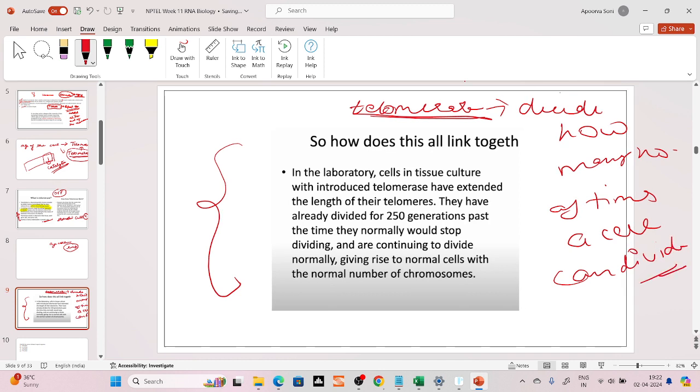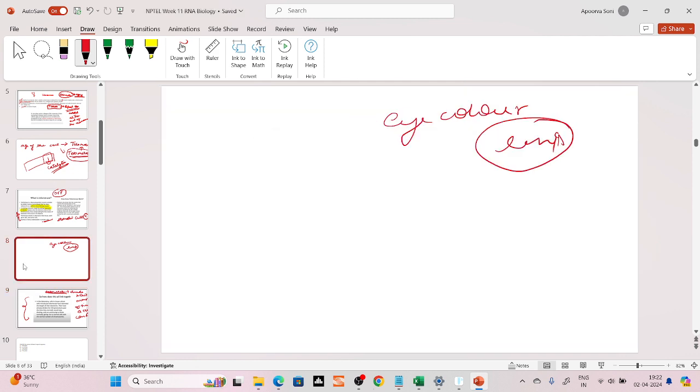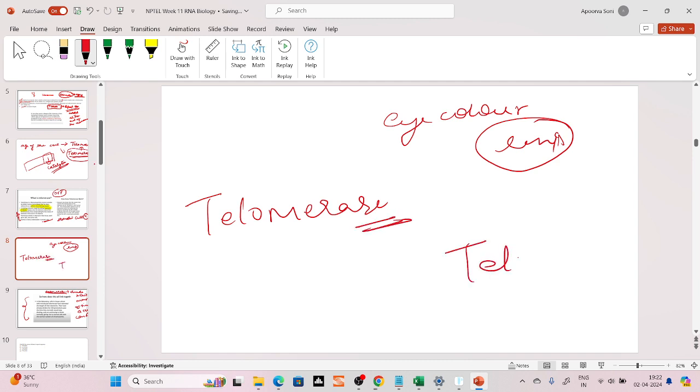Okay, so two things are there, do not get confused. One is telomerase and the other is telomere. Do not get confused. Telomerase is the enzyme that adds telomere.